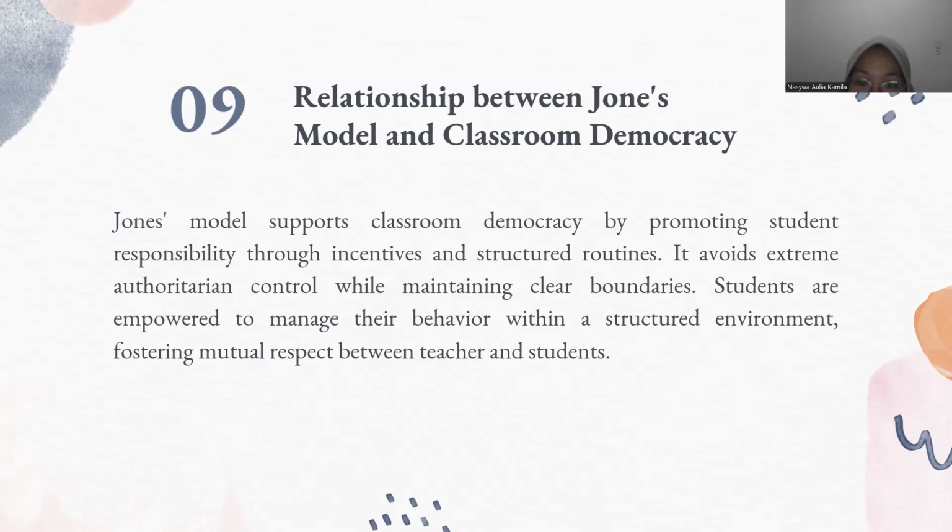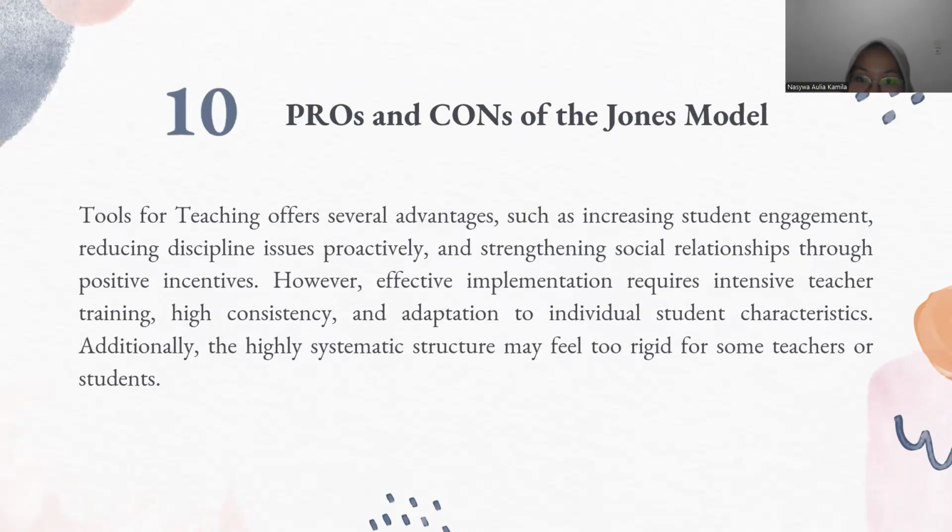Instead of using fear or threats, teachers guide students respectfully. This supports a democratic classroom where respect and cooperation are the foundation, not just obedience. Before we end, let's briefly consider the strengths and weaknesses of Jones' model.